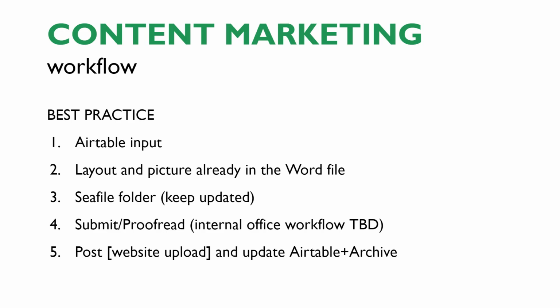We are going through a very quick overview of how the best practice for the content marketing archive goes. So let's go through this. First you input the name of the article you are working on in the Airtable content folder.